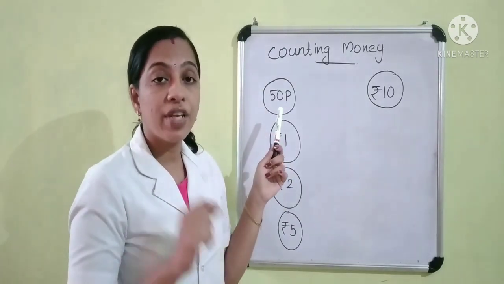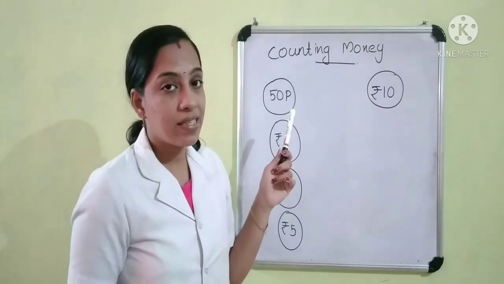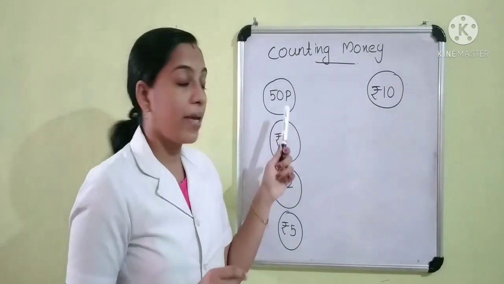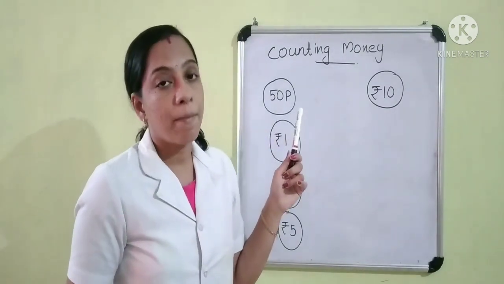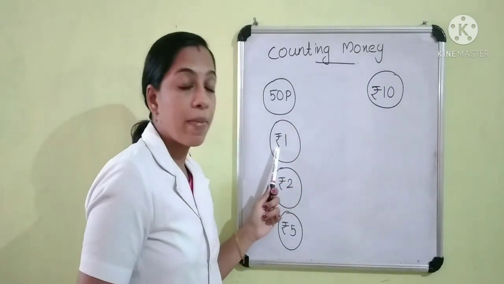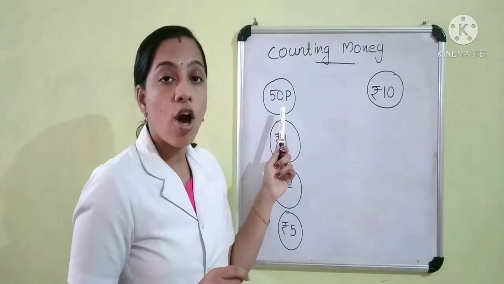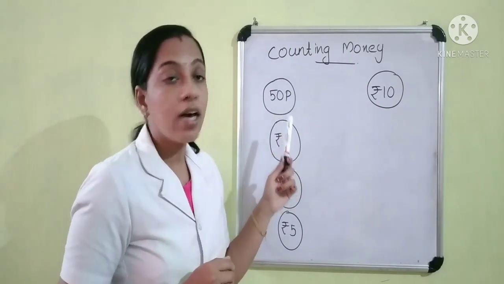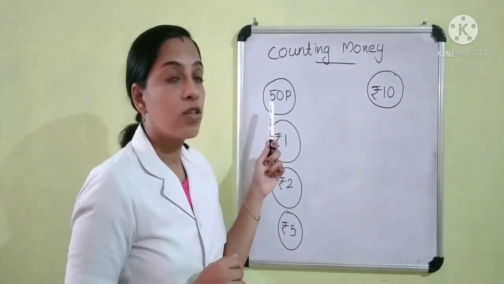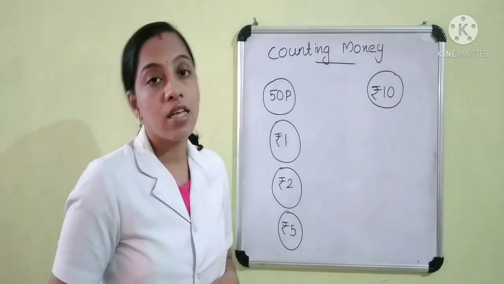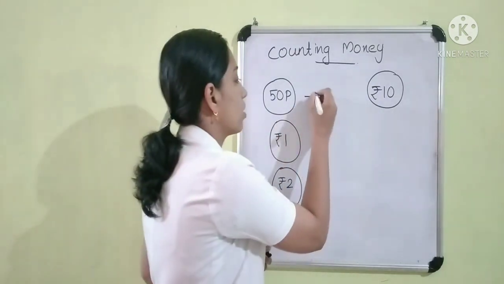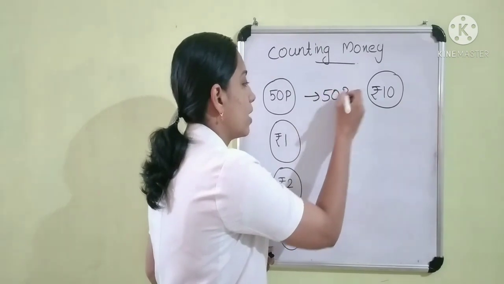We know 50p means 50 paise. We learned the letter P is used for denoting paise and this is the symbol we use for denoting rupee. So this is the coin of 50 paise. Here you can see the number 50. So the value of this coin is 50 paise. So let us write here 50 paise.